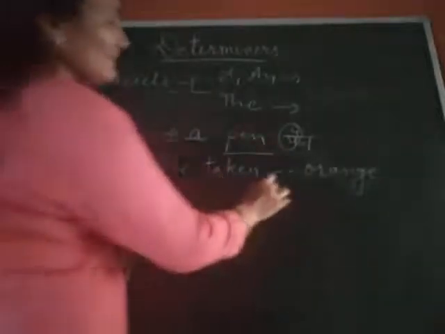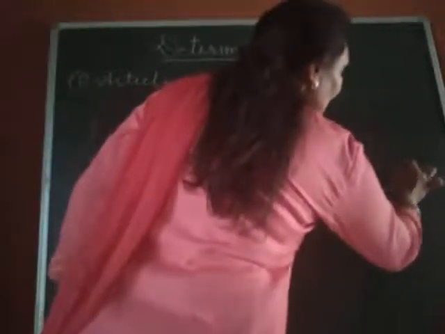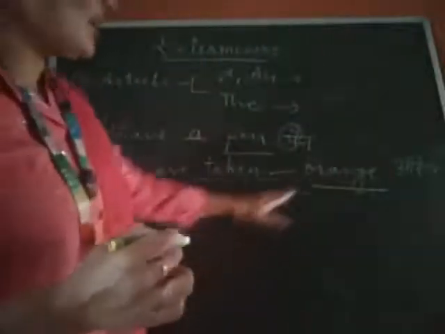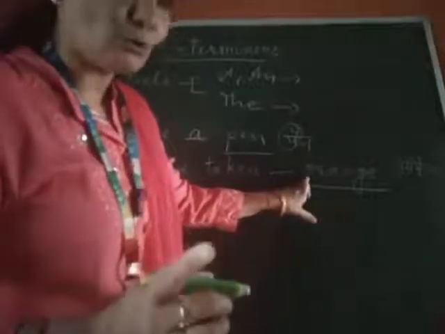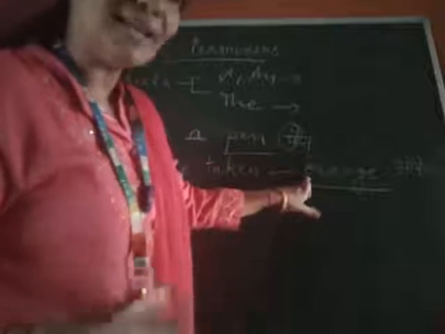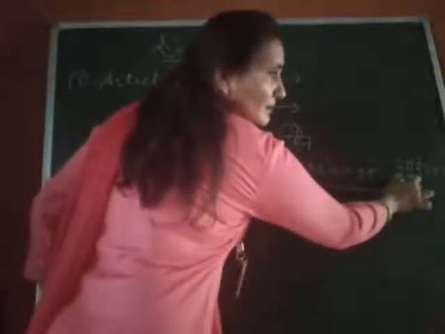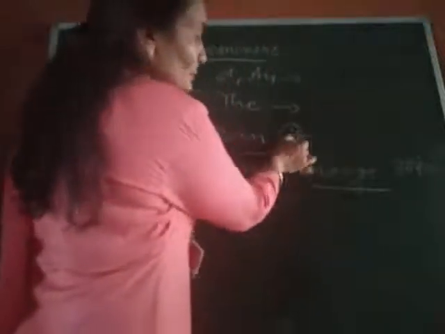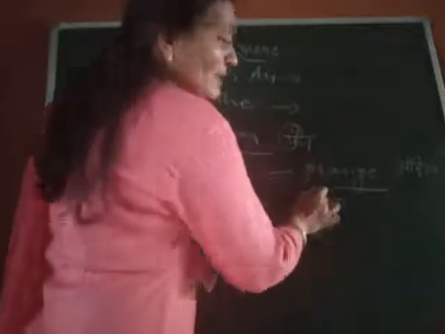We pronounce it pen, and it is the consonant sound. It is a consonant and gives the consonant sound also. Some words start with a consonant but give the vowel sound, and some words start with a vowel but give the consonant sound. But here it is a consonant and gives the consonant sound. So with the consonant sound we will use a.